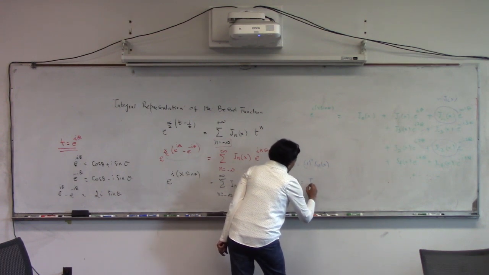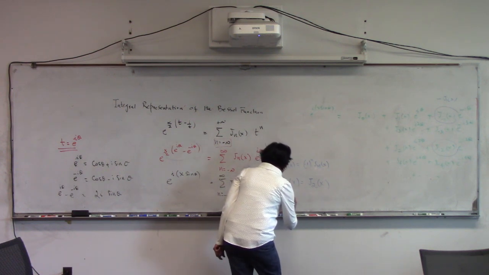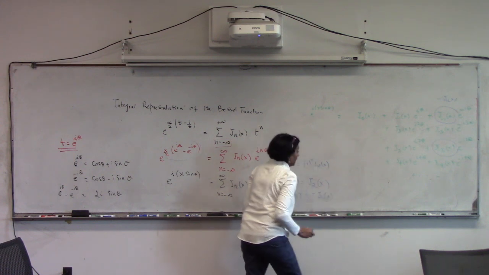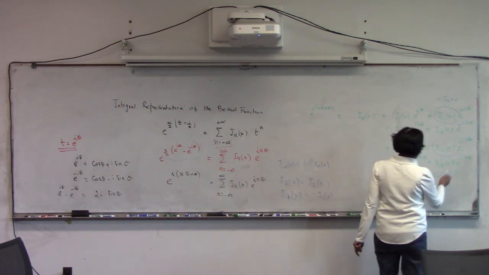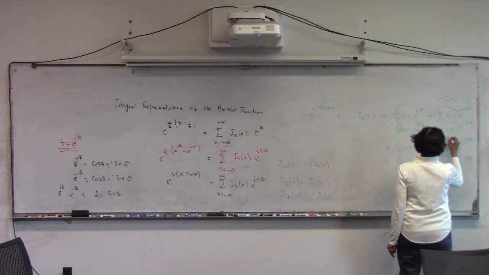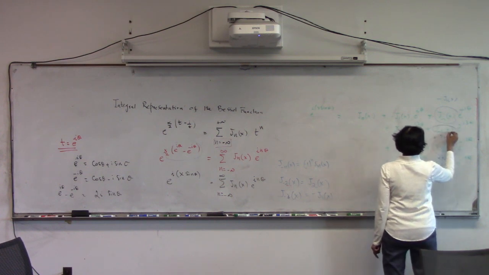It's positive. So J minus 1 x is negative of J1 x, and this is plus J2 x, this is plus J4 x, and this is negative J3 x.